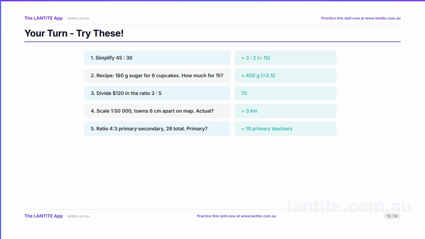Problem 4. A map has a scale of 1 to 50,000. Two towns are 6 centimeters apart on the map. Find the actual distance. Problem 5. In a staff meeting, the ratio of primary to secondary teachers is 4:3, and there are 28 teachers. How many are primary teachers? The answers are shown on screen.